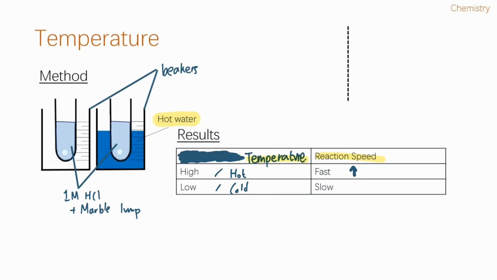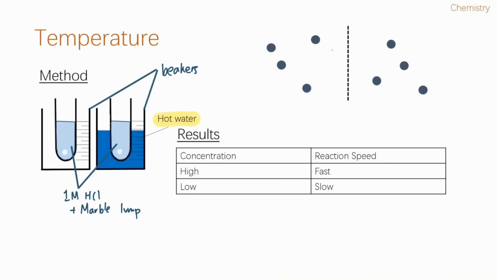If there's low temperature, therefore it's cold, then the reaction speed decreases. Why? You could think that these are two separate spaces. This one is cold, and this one's hot. Probably all of you would have experienced coldness.